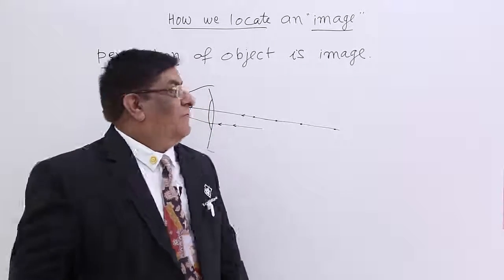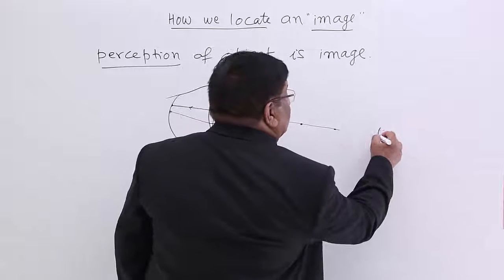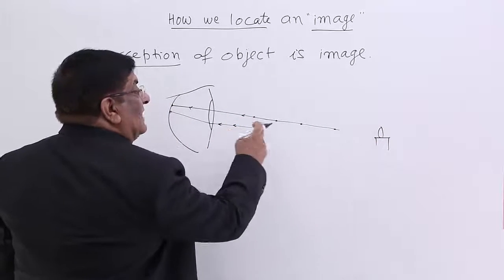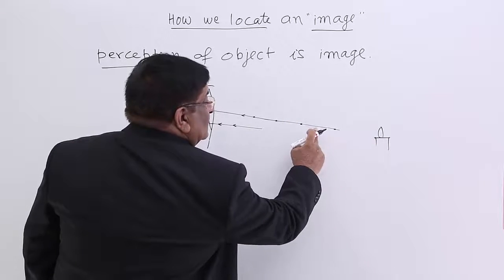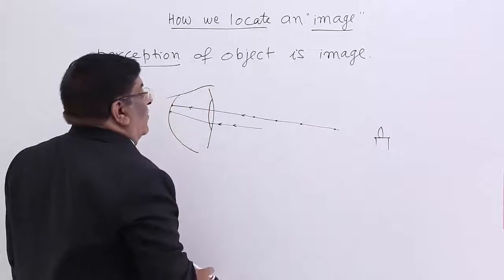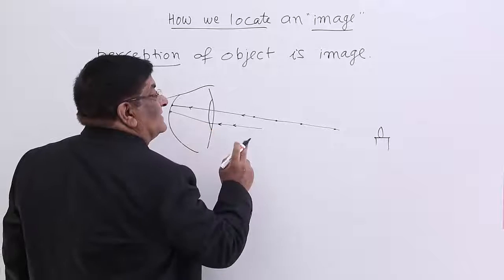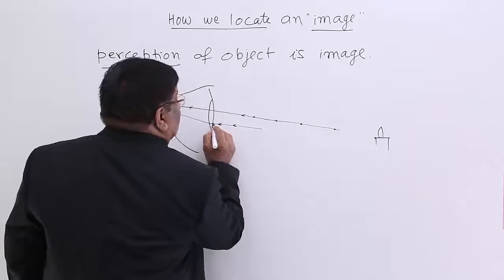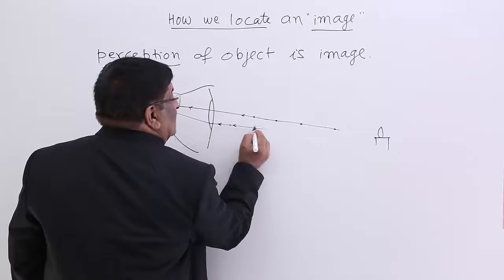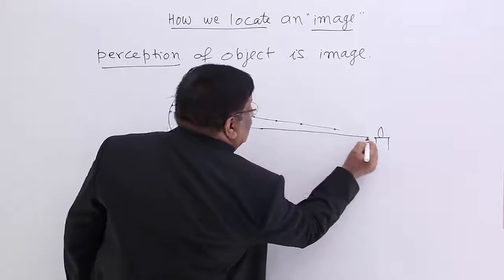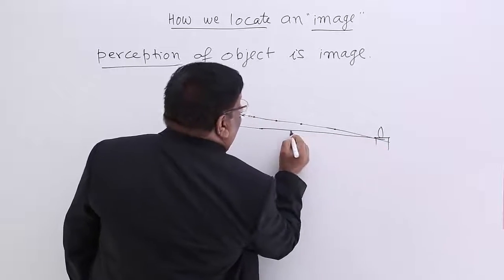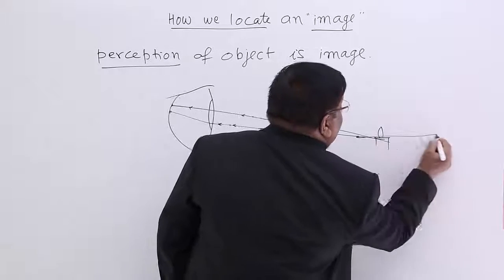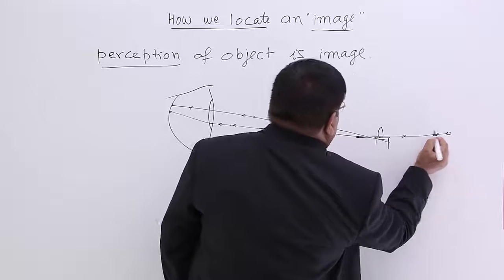That means it is coming from the same source. It also gives the same information that this ray is giving. Now, the eye has a nature to find out the path, the direction. It says this object is here or here or here.